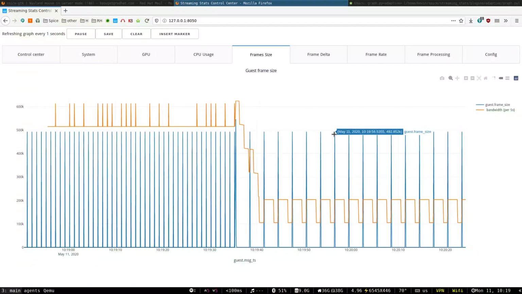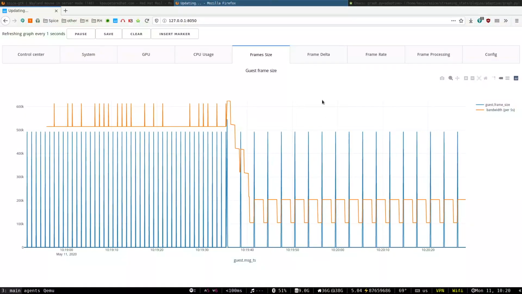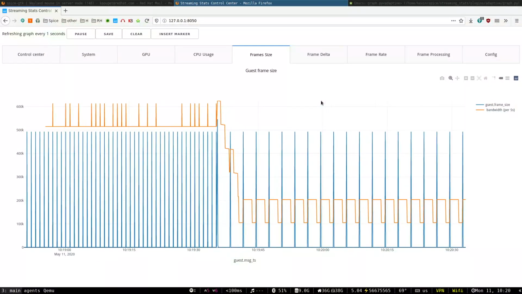But to characterize the GPU, we want something more automatic. So let's switch to the benchmarking mode.